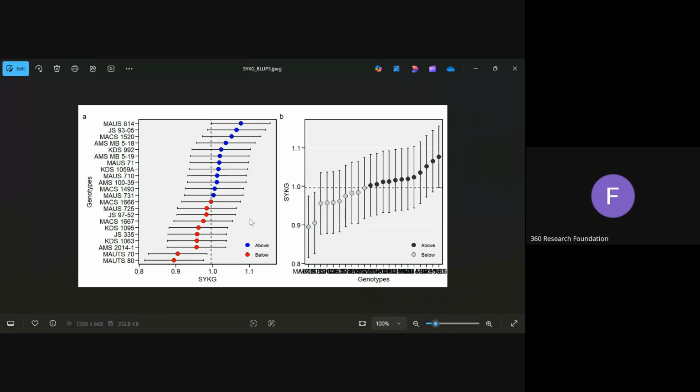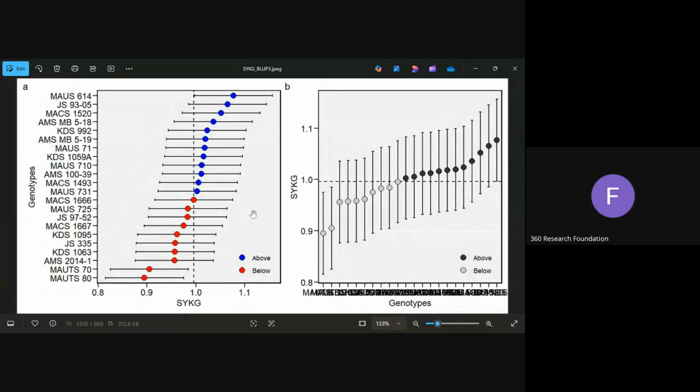What is the meaning of that vertical dotted line? It is the average value. It starts from 1.